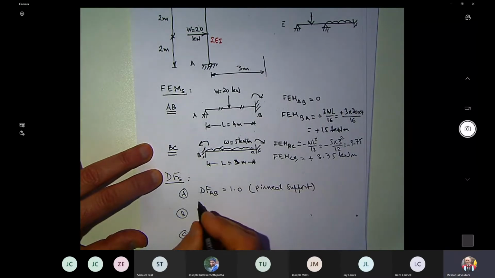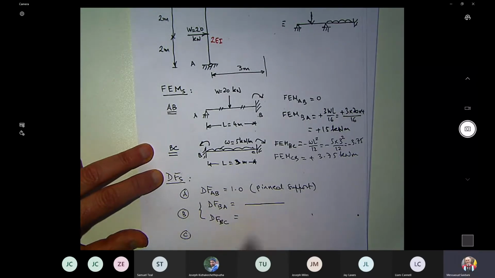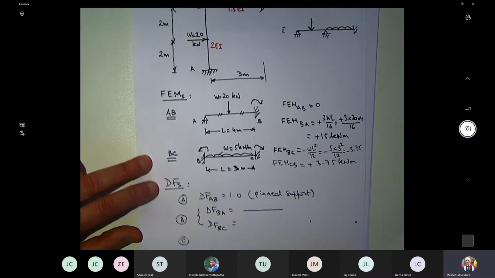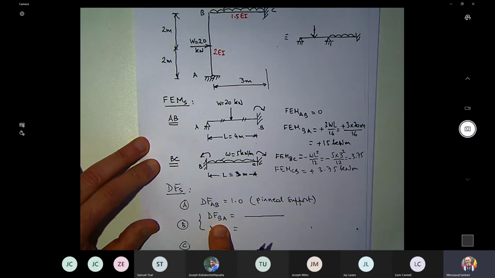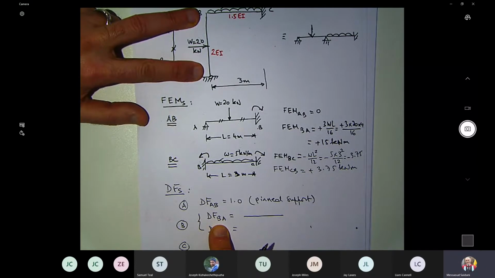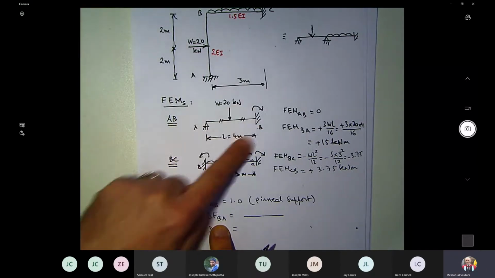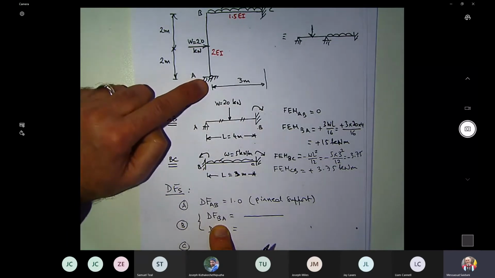Okay? Then we have got 2 values. For B, we have member BA and member BC. Member BA, now this is where you need to pay attention again. Member BA, we have the stiffness of BA. What is the stiffness for BA? Do you remember what we said last week? Because this end is not fixed, it's pinned, so the rigidity will be reduced, isn't it?